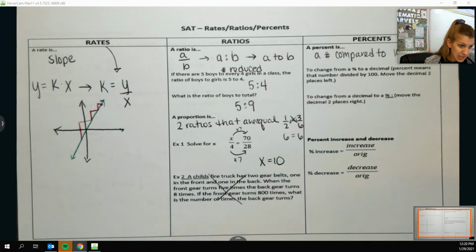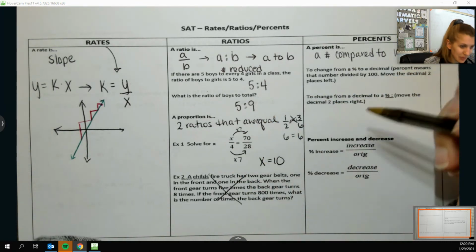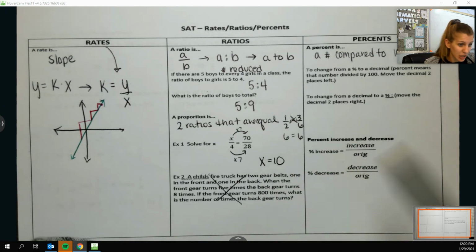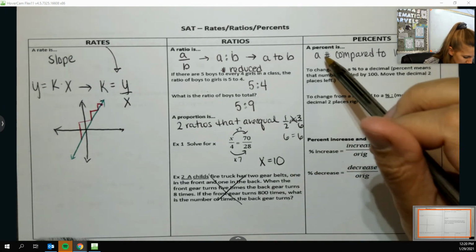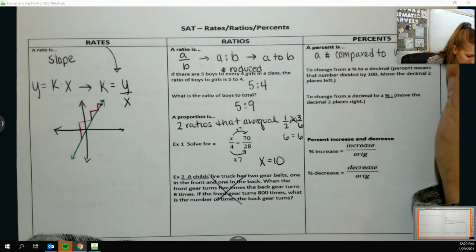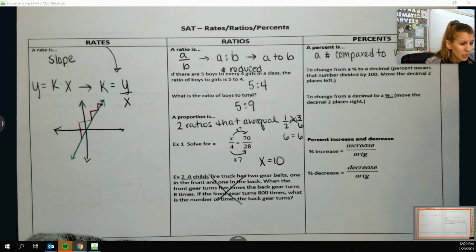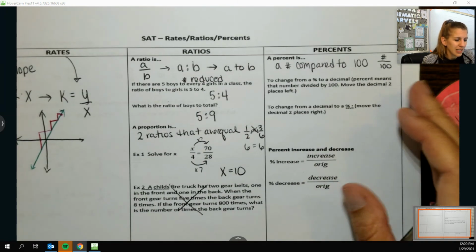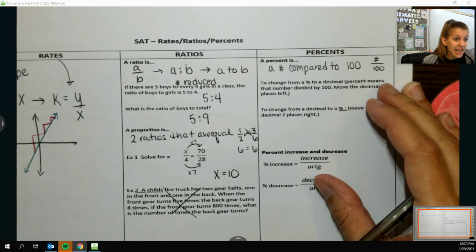Actually, I don't want to do this example now that I'm thinking about it. Don't worry about it. We're going to do a lot of ratio examples in just a little bit. So a number compared to 100, we always write it over 100 like this, but truly we usually turn that into a decimal.